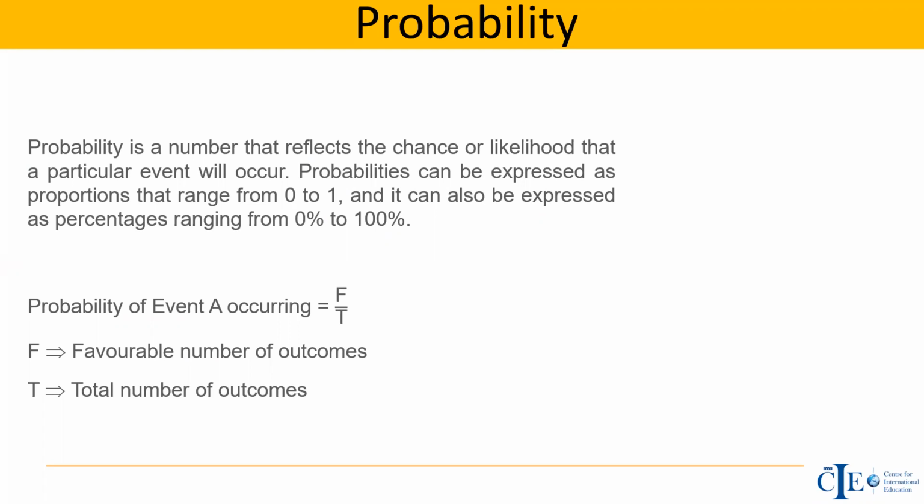When everything is favoring, the whole sample space becomes your possible outcome, so that is 100%, a certain event. If the probability is 50-50, it's an equally likely event. If it is less than 50, it's less likely, and if more than 50, more likely. These are some regular terms used.